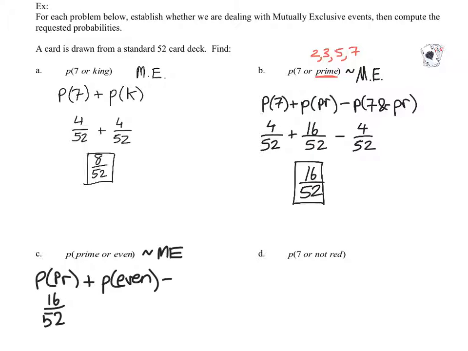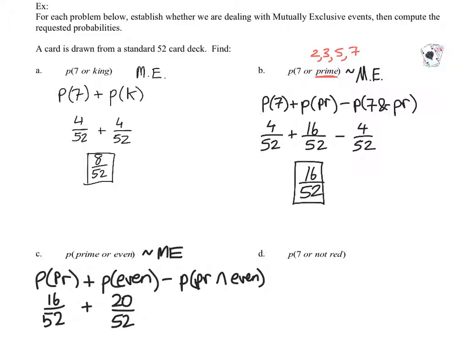All right, so we got to think about the evens. 2, 4, 6, 8, 10, right? So that's a total of 20 values in the deck. And so I just need the probability of a card being prime and even at the same time.